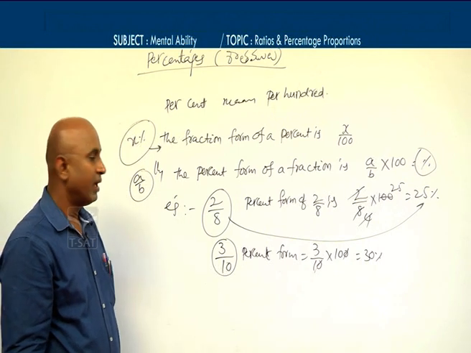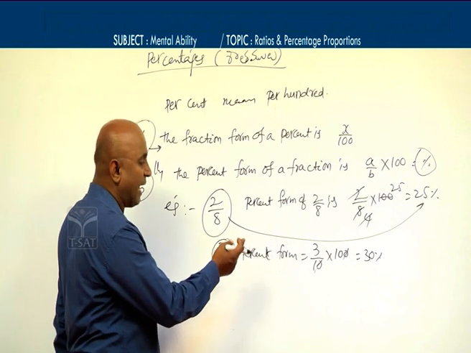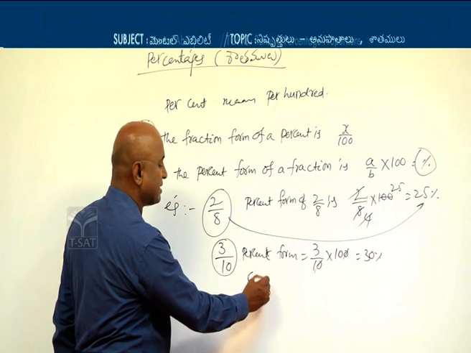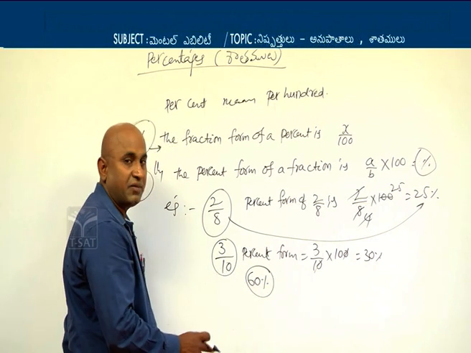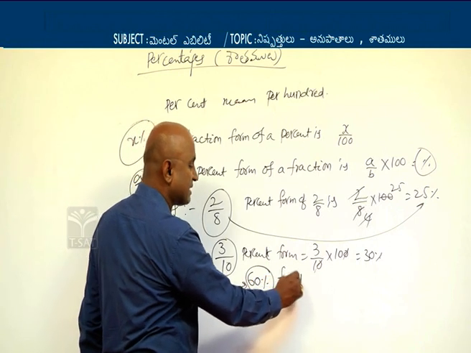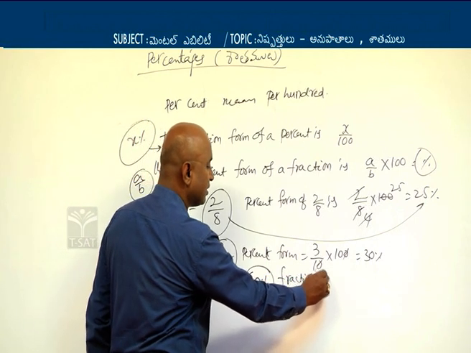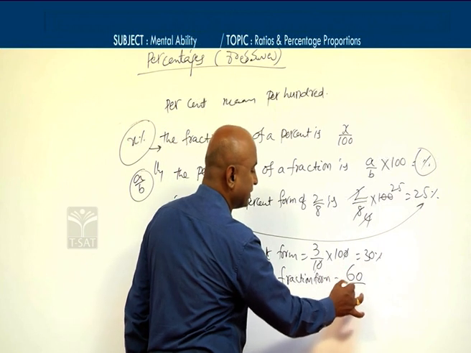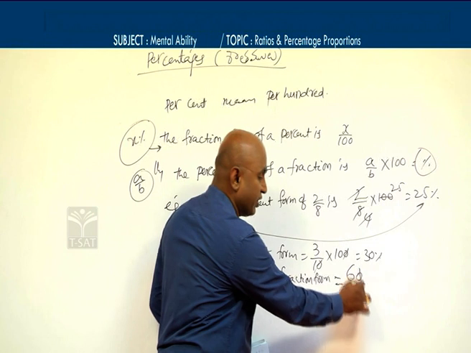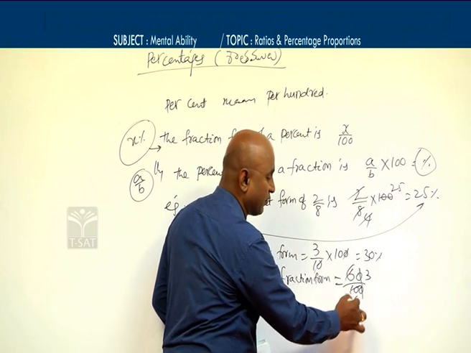Similarly, the fraction form of a percent. Suppose 60% is there. What is the fraction form of 60%? Fraction form of 60% is 60/100. 60/100, cancel the zeros, 2 3s, 2 5s.